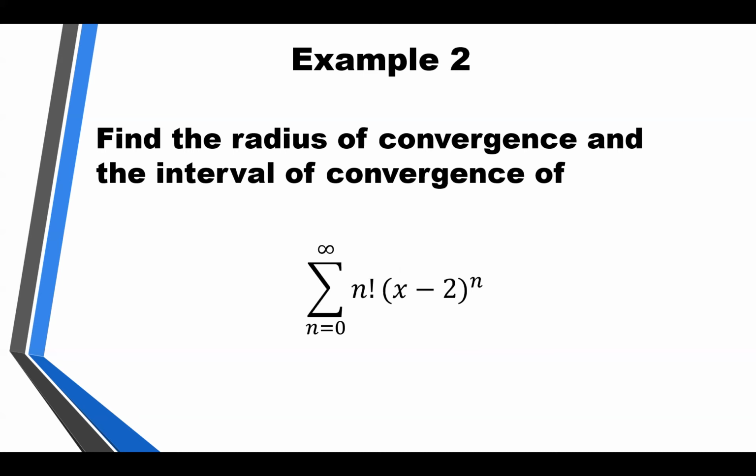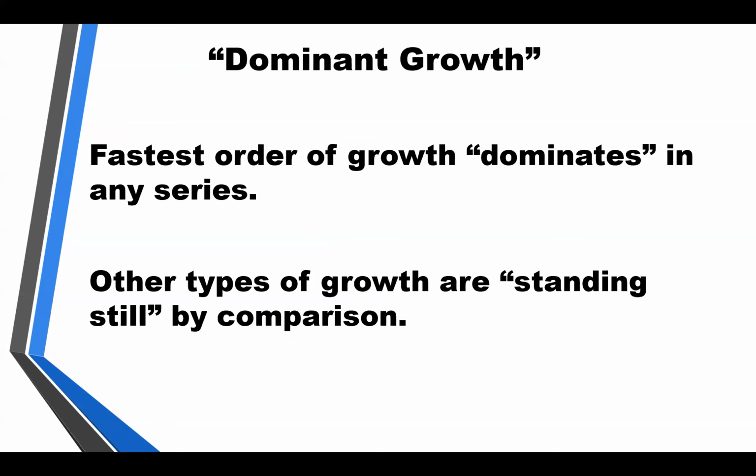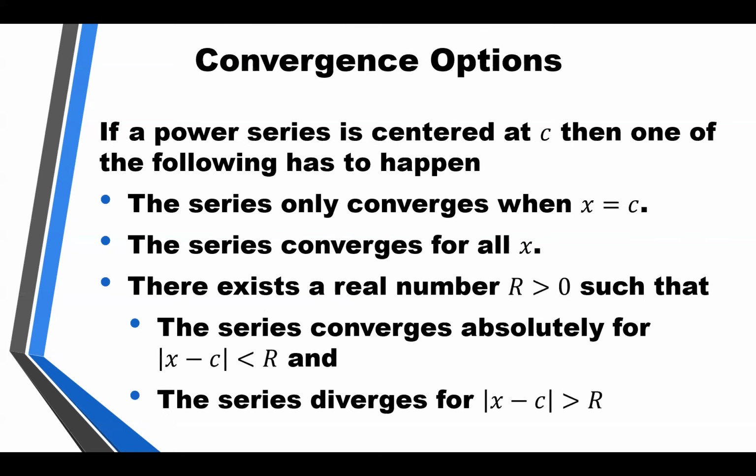The derivative, the antiderivative will also converge only at x equals 2. So those are my convergence options. In my opinion, the really weird cases, the toughest case, is when we have an interval of convergence. But the nicest cases are when we converge for all x or only converge when x is the center. But this is the convergence for our series.